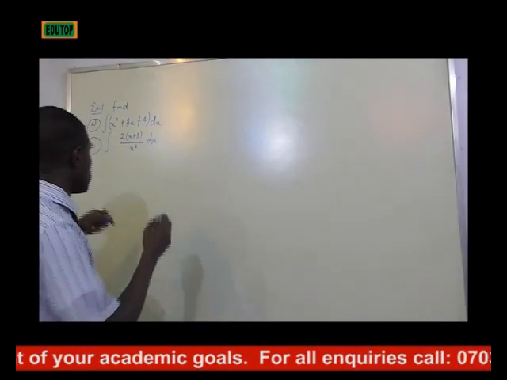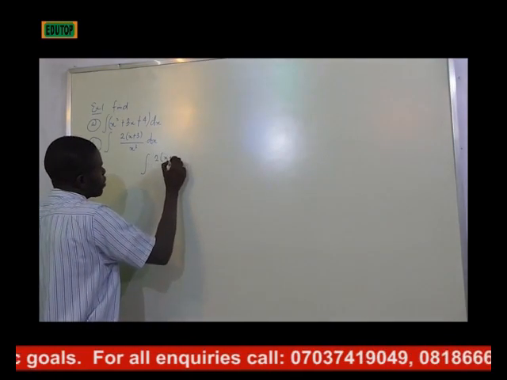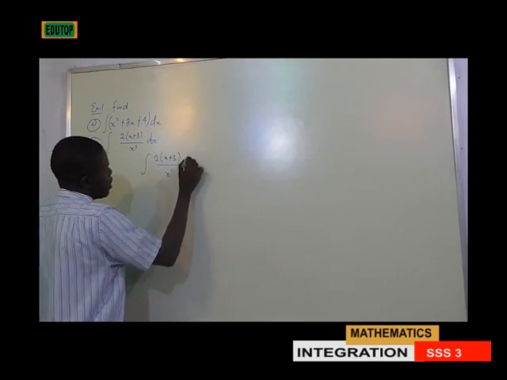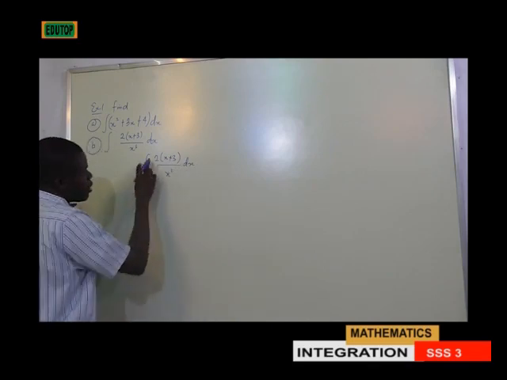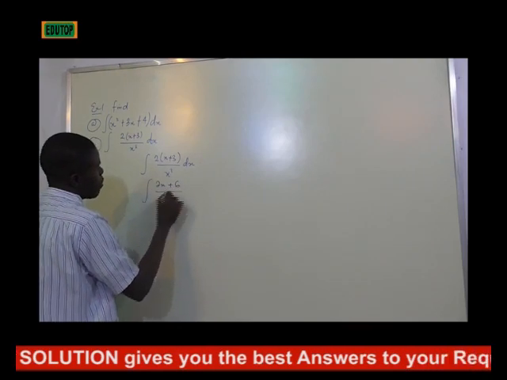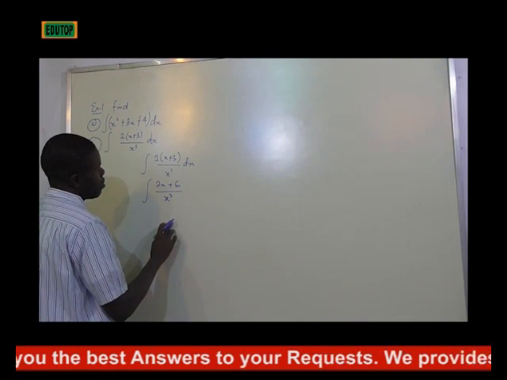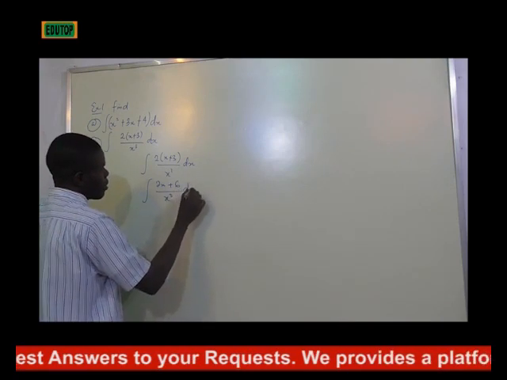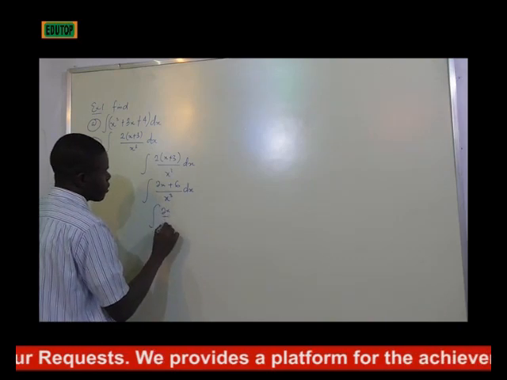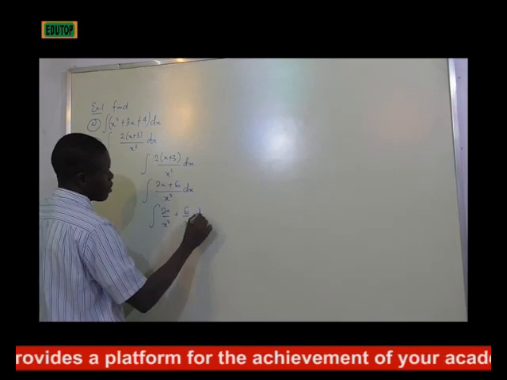Now in the second case, you have the integral of 2 into x plus 3 over x cubed dx. If you are to integrate this, let's expand this. We have 2x plus 6 over x cubed dx. So I can write this one as 2x over x cubed plus 6 over x cubed dx.